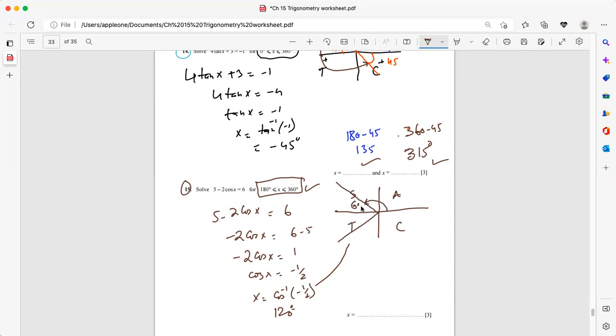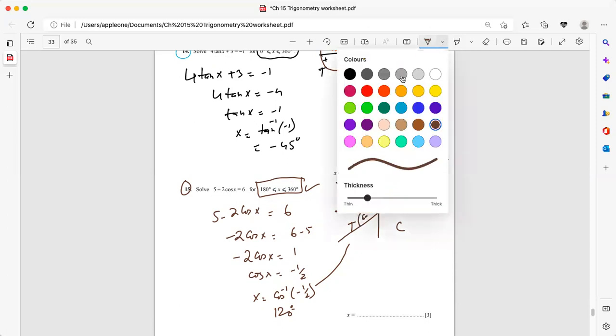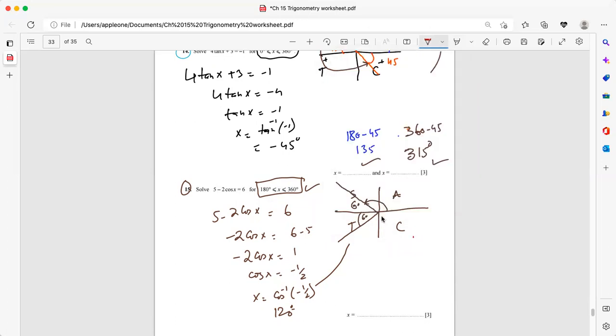So this is how much? 60. Then this is how much? 60. Okay, one answer is 120. So what's the other answer, students? One answer is 120 here. Then the other answer is this one, which is 180 plus 60, which is 240, and that's the answer.